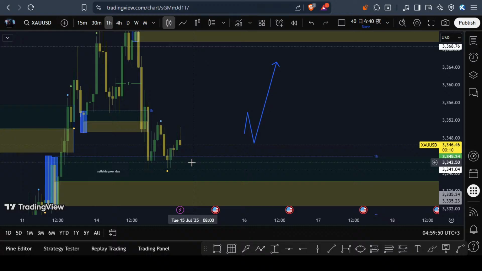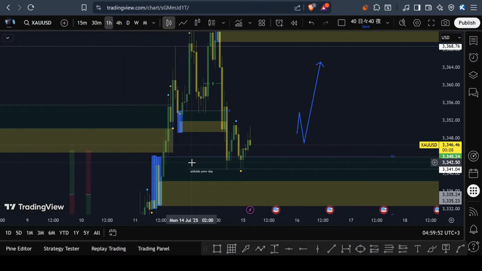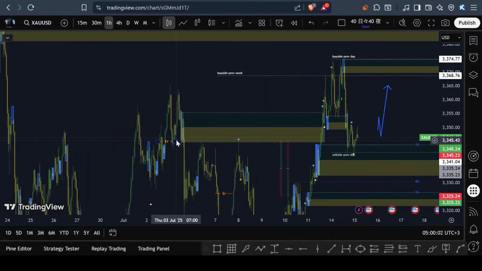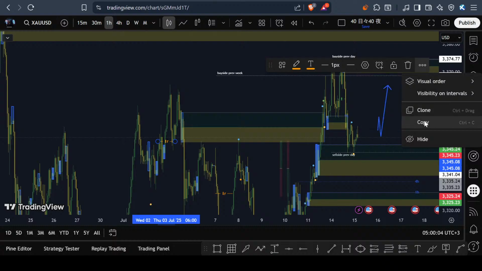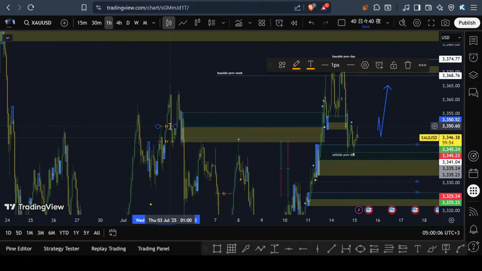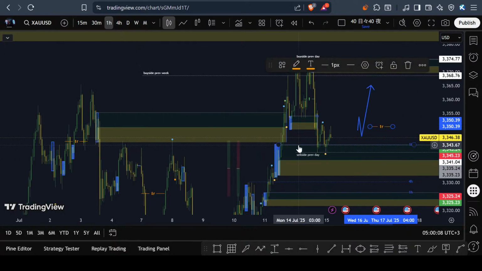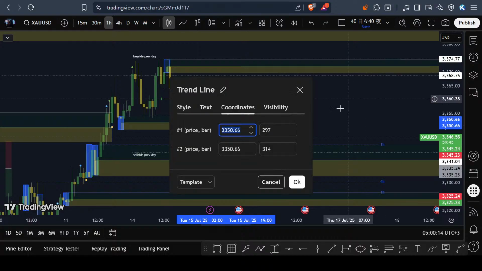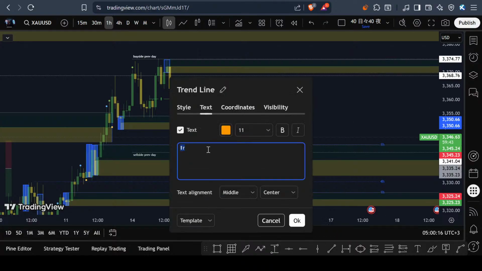Well, on the 1 hour, we are seeing that we formed this entry. Yeah, on the 1 hour we just formed this entry here, and for me, I'm not gonna be here any longer.